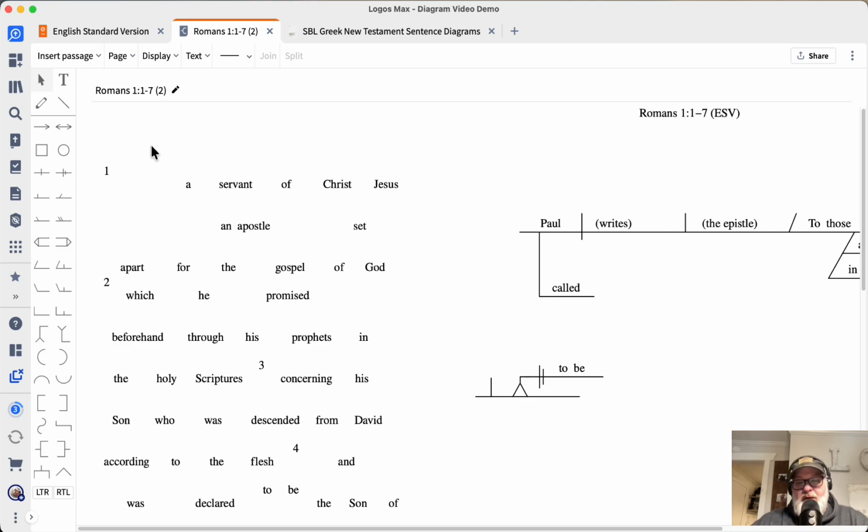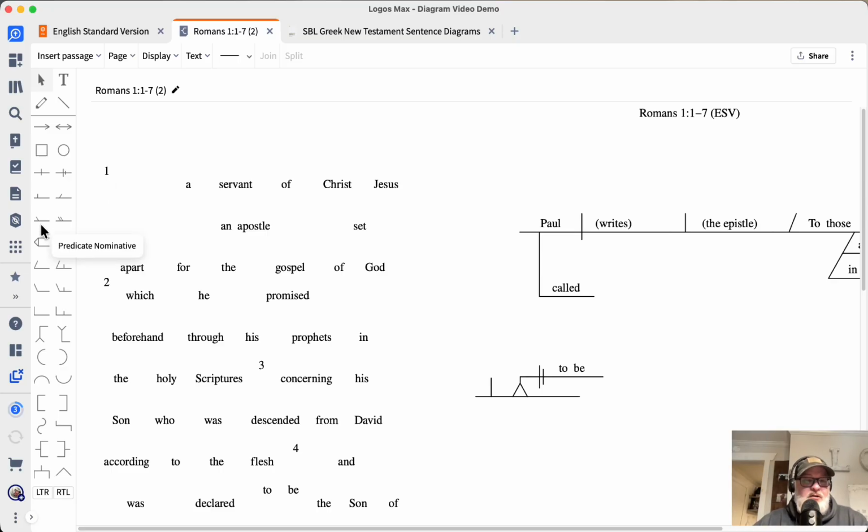And if you remember from the written tutorials, anytime you have a linking verb or to be verb, equative verb, whatever you want to call it, it's always followed by either a predicate nominative or a predicate adjective. A predicate nominative being the noun, a predicate adjective obviously being an adjective. And so now again, Logos does something a little bit different.